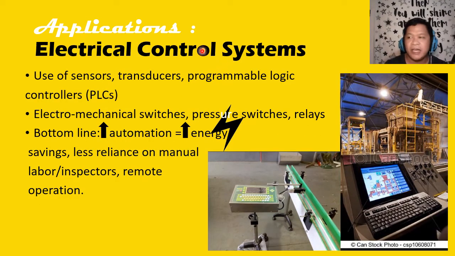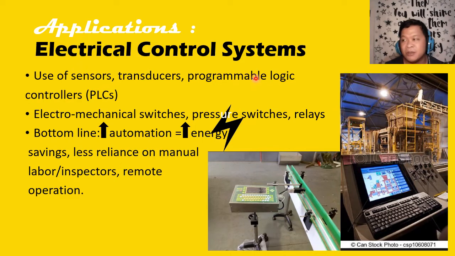Okay, moving on, we have electrical control systems. If you remember again from your food physics, sensors are there not just to give output on the physical parameter readings, but also to relay this information to a somewhat automated system.